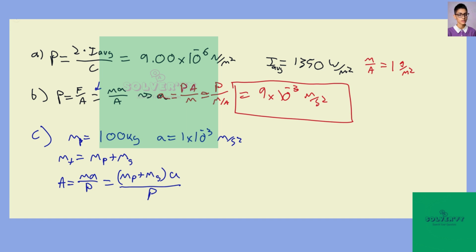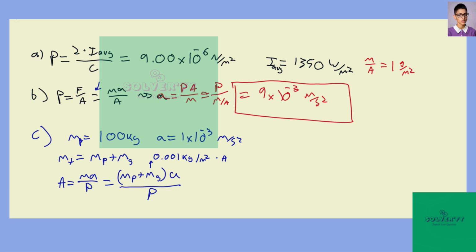And the mass of the sail complicates things, if only because it changes with the area. So we have something that depends on what we're trying to calculate. So that's 0.001 kilograms per meter squared times the area itself.